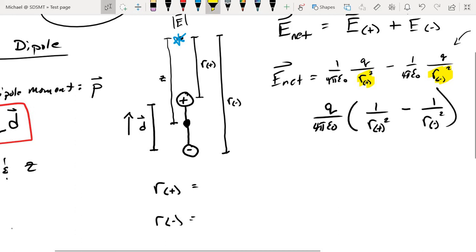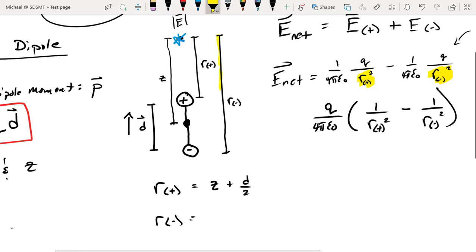If we travel the distance of R positive, we've almost traveled the full length of Z, except we would need to go a little bit further, and the value of that extra displacement there, well, that would just be half the value of D. And so we could say that R positive is equal to Z plus half the value of D. Then we need the value of R negative.